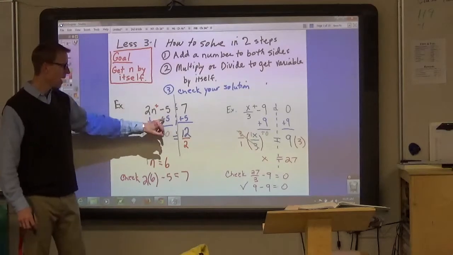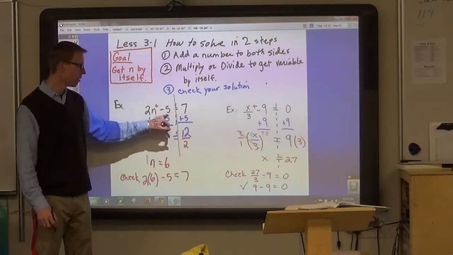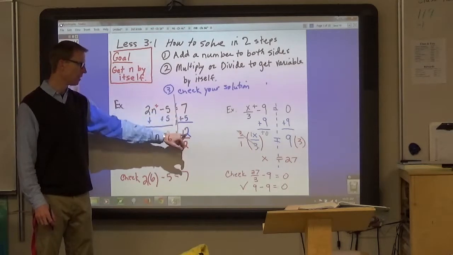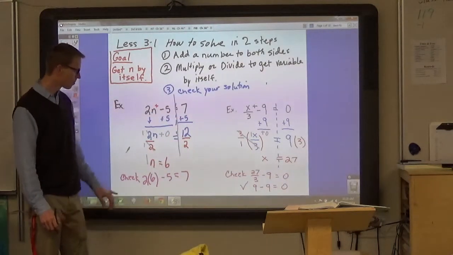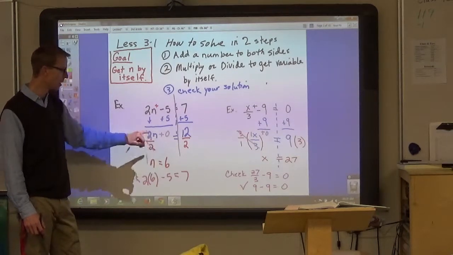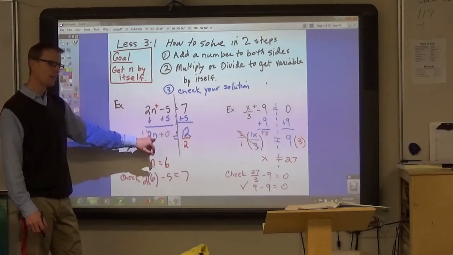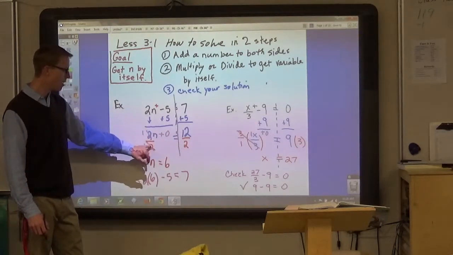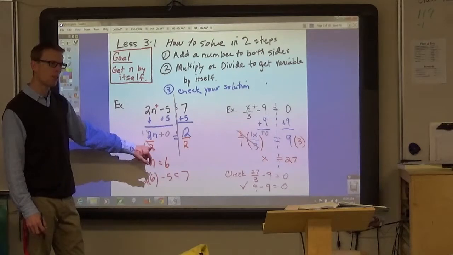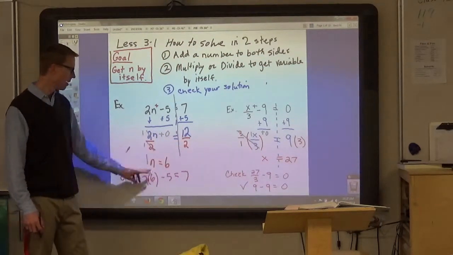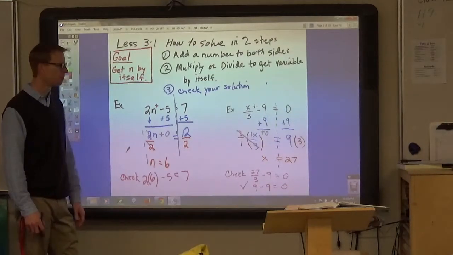And so by adding 5 to both sides, you get rid of the negative 5 on this side. When you add 5 to this side, you get 12. So then you've got the coefficient and the variable by themselves on this side. 2n equals 12. And if you divide by 2, you can cross out the 2's. Divide by 2 on this side, and it shows n equals 6.